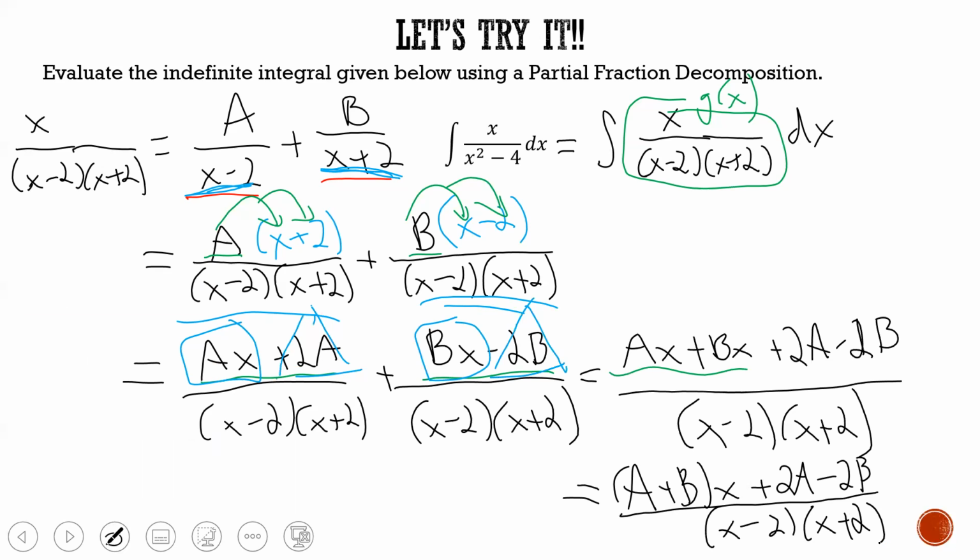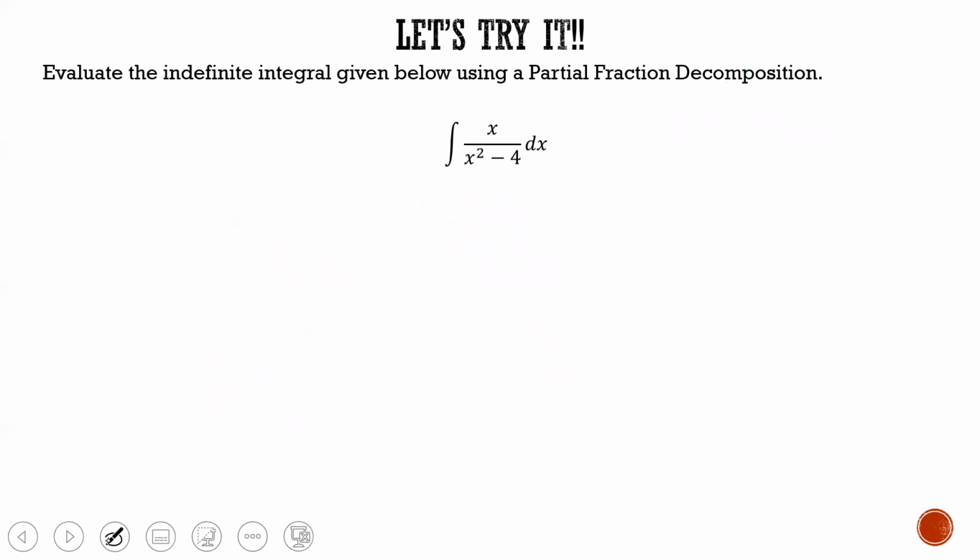All right, so now that we've got that all worked out and it's simplified as much as we can, we want to take it and set it back equal to the original thing we started with, this x over x minus 2. So I'm going to go ahead and clear some stuff out here.